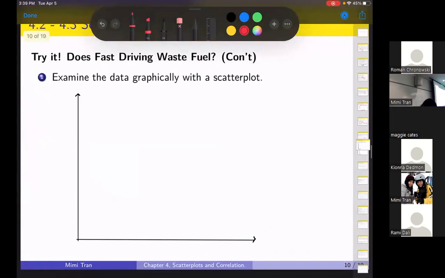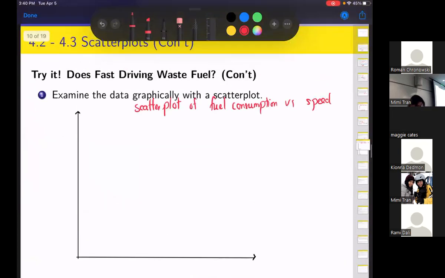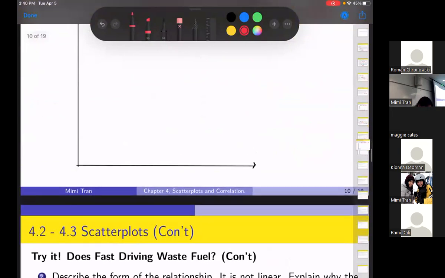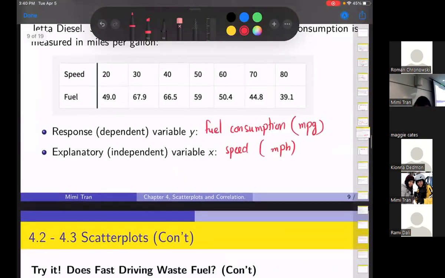So first of all, I know this is a scatter plot of fuel consumption versus speed, right? So on the x-axis, I'm going to go with the smallest value, which is 20. Don't start at 0 because it's useless. You don't have 0 there, so start at 20: 20, 30, 40, 50, 60, 70, 80.